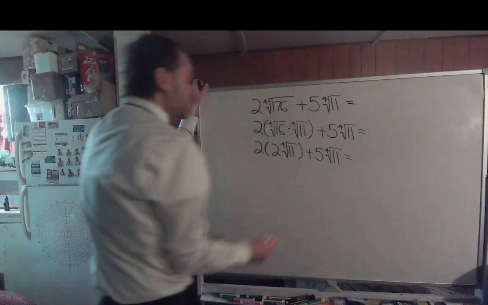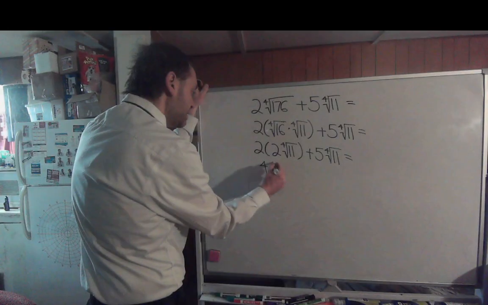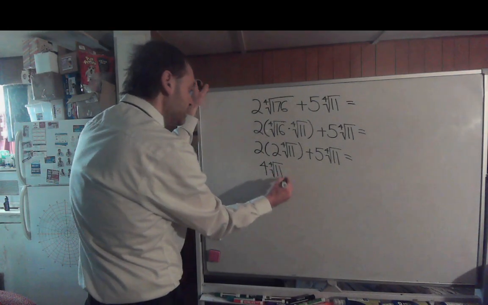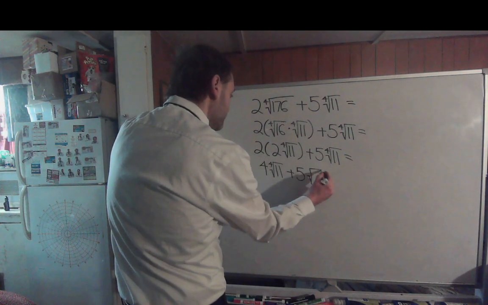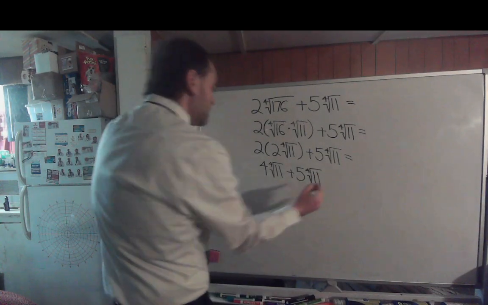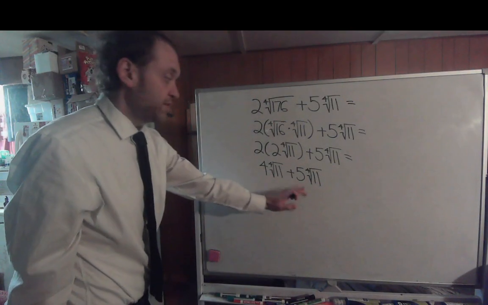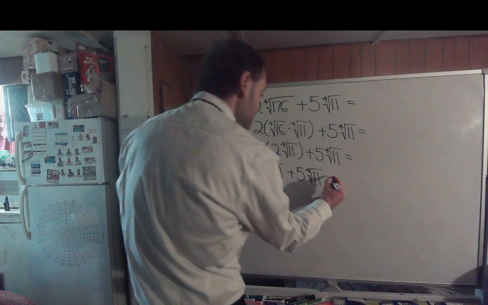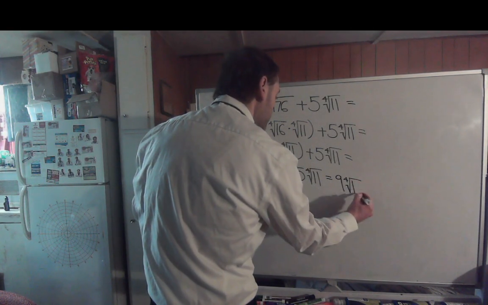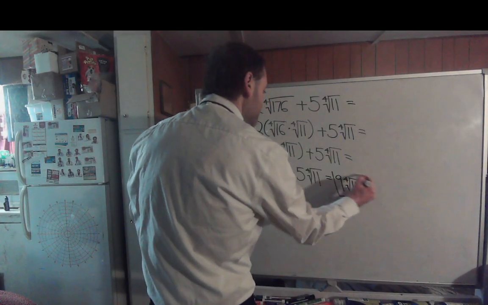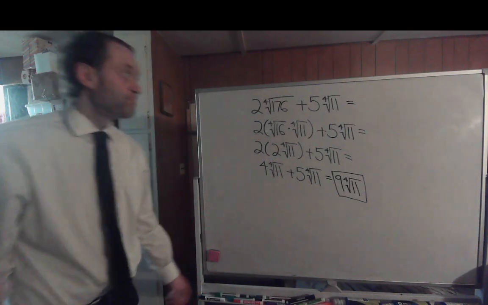Well, what's 2 times 2? That's 4. So you'd have 4 times the 4th root of 11 plus 5 times the 4th root of 11. Now you have the same base and the same root, so you just treat them like variables, add your coefficients. You should end up with 9 times the 4th root of 11. And that's the best you could simplify this.